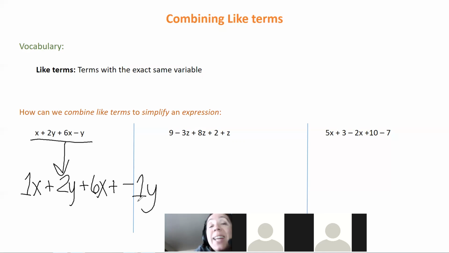Now, what are my like terms that I could combine here? What could go together? What has matching variables? What do you guys think? And remember, when we do this, we combine numbers with other numbers, y's with other y's, and x's with other x's. So what are the 2 x's that I would combine here?